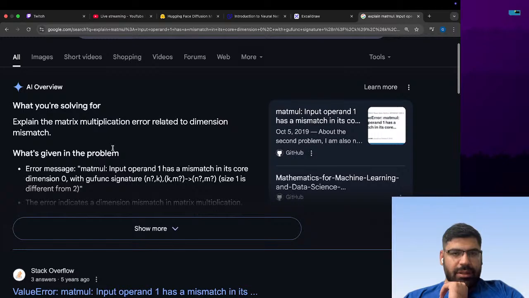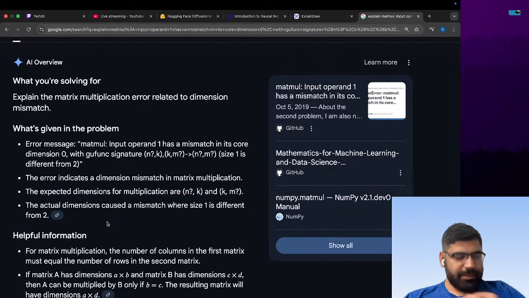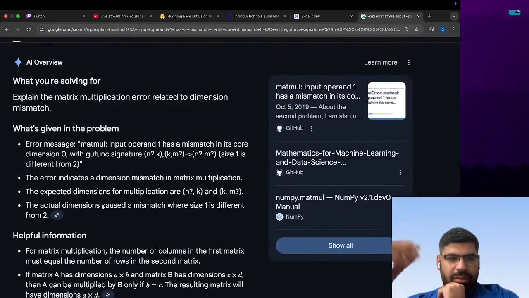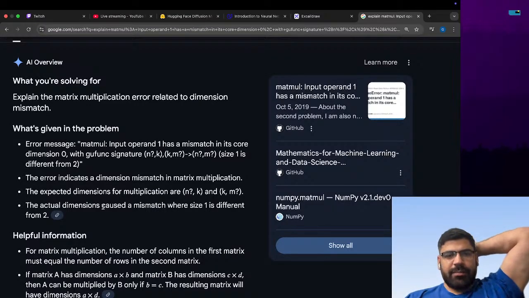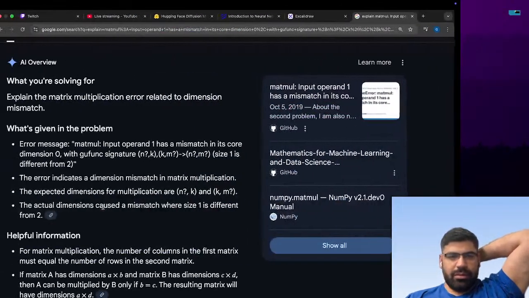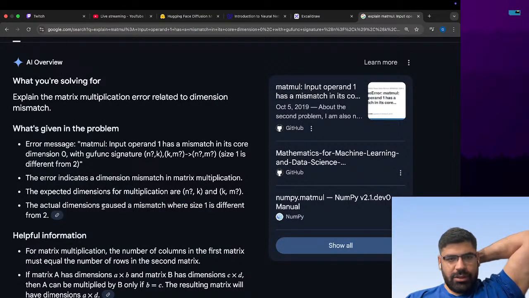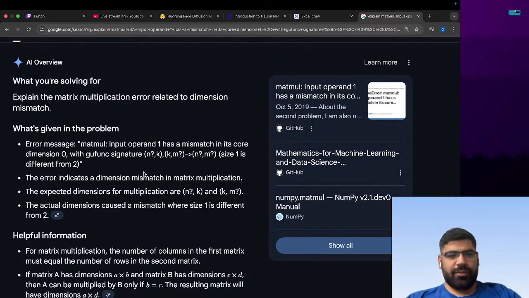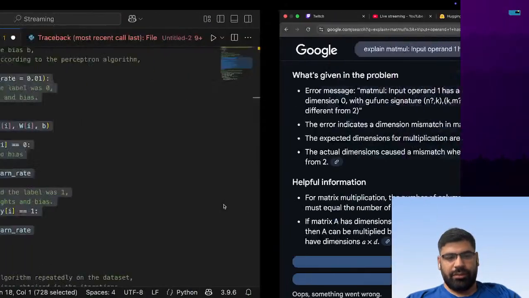Explain matrix multiplication error. So that's what I did wrong. Input operand 1 has a mismatch in its core dimension 0 with the gufunc signature. Size 1 is different from 2. The error indicates a dimension mismatch in the matrix multiplication. Expected dimensions for the multiplication are (m,k) and (k,m). Yes, the actual dimension mismatch is size 1 is different from 2. Okay.